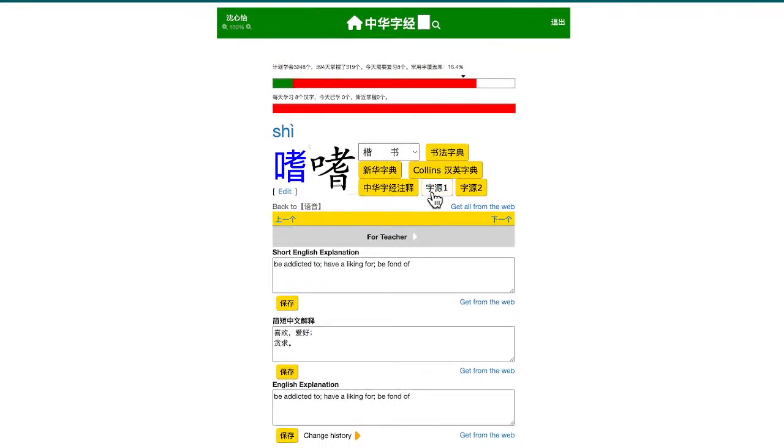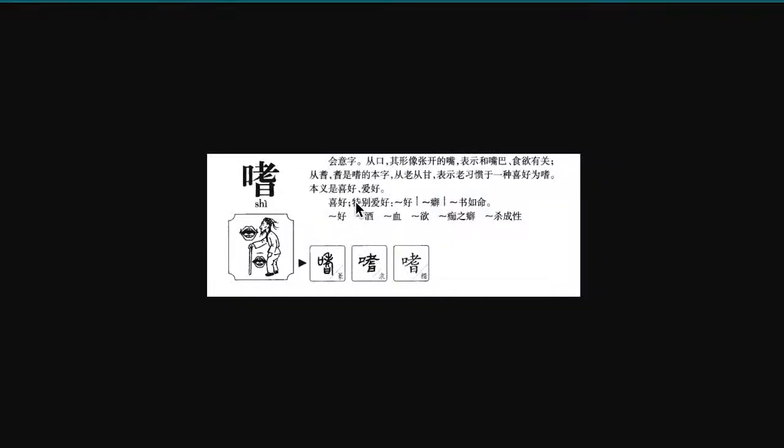So let's take a look at the character. On the right hand side is the character 耆.